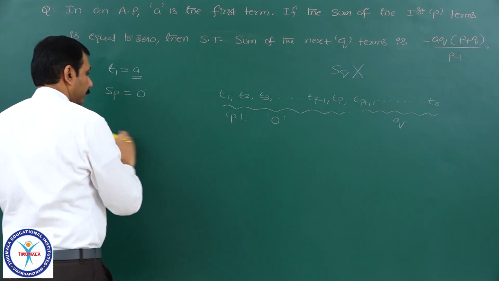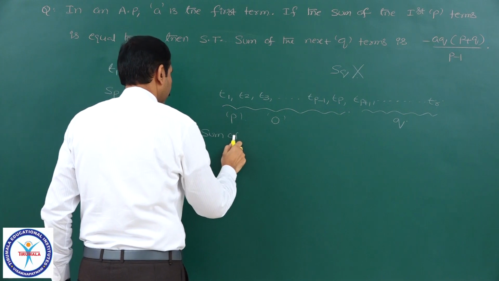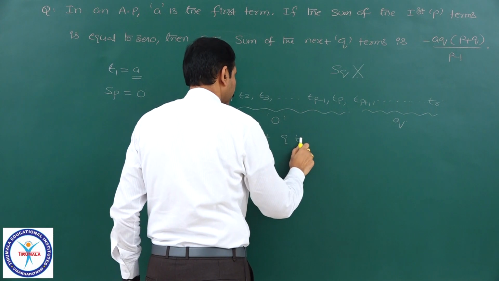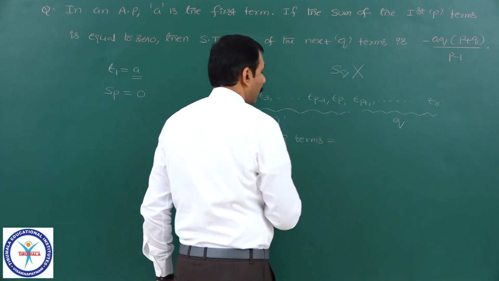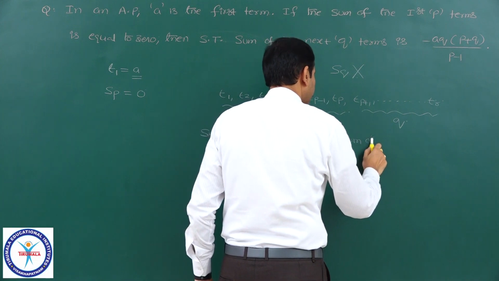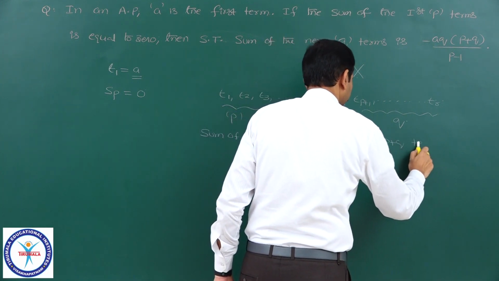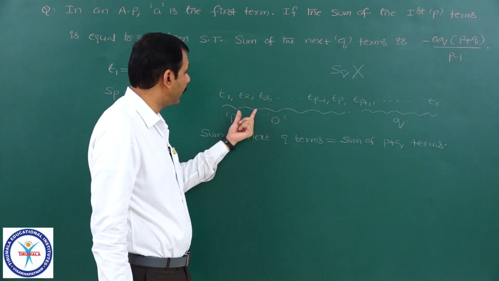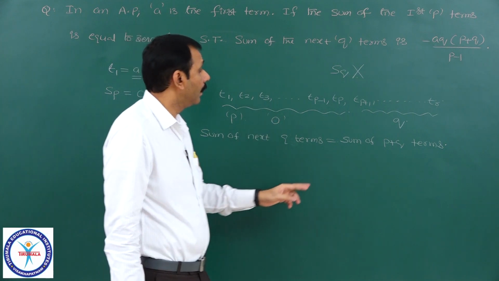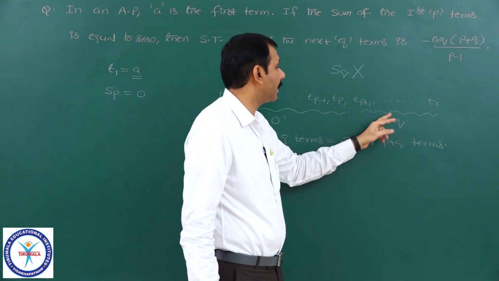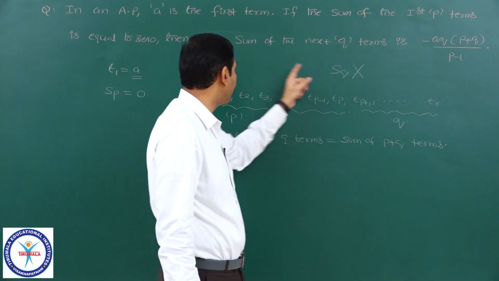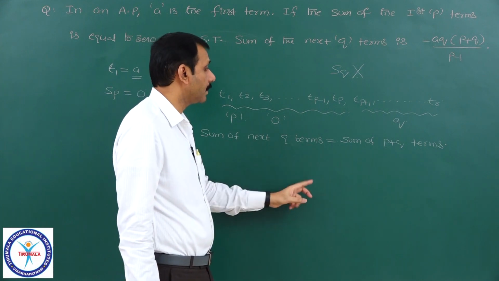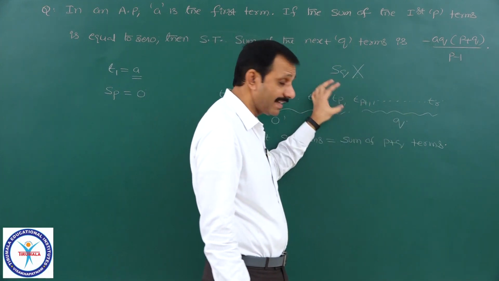The sum of the next q terms is equal to, I can write, the sum of p plus q terms also. Why? Because here the first p terms sum is equal to 0. If I want the sum of these q terms, it is equivalent to the sum of the total p plus q terms. Therefore, the sum of the next q terms is equal to the sum of p plus q terms only in this context.